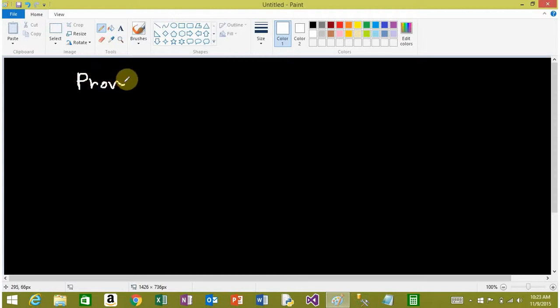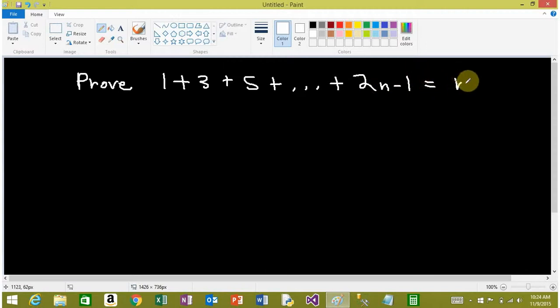So we're going to prove, let's say 1 plus 2 plus 3. Well, wait a second. No, we just did that. 1 plus 3, we're just adding the odd numbers, 5 plus all the way to 2n minus 1. And we're going to say that's equal to n squared. So we want to prove that that is true.